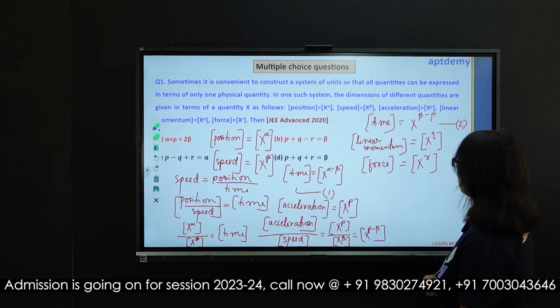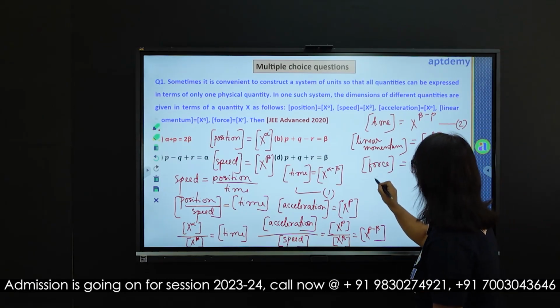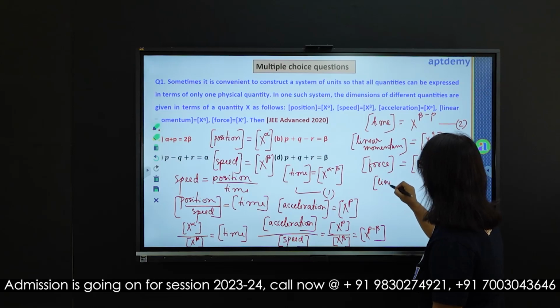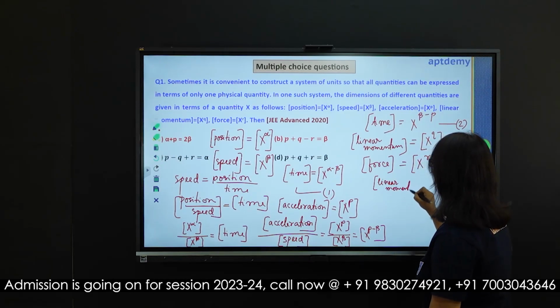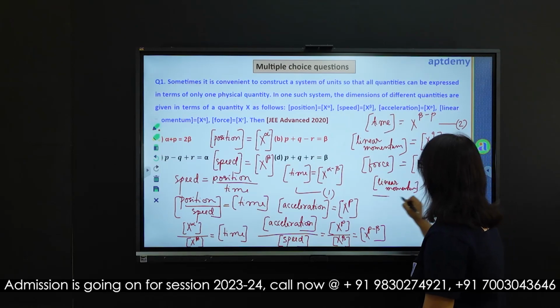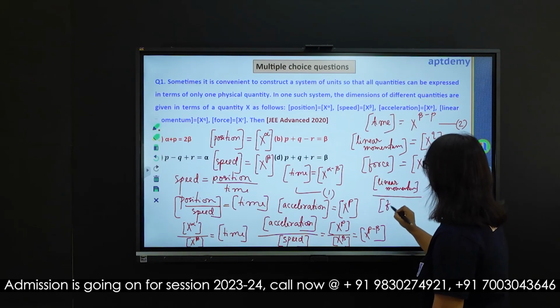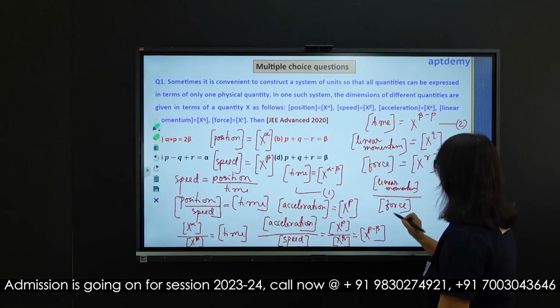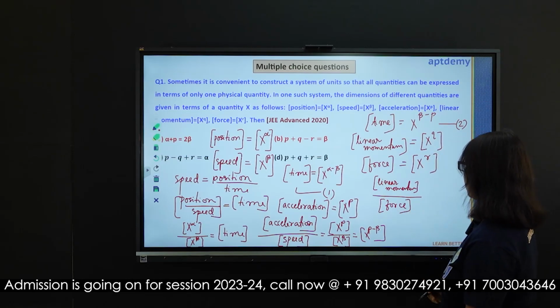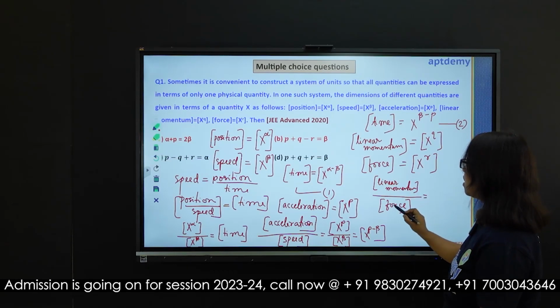So we may write here that linear momentum to the force is mass times velocity over mass times acceleration, which is velocity by time.